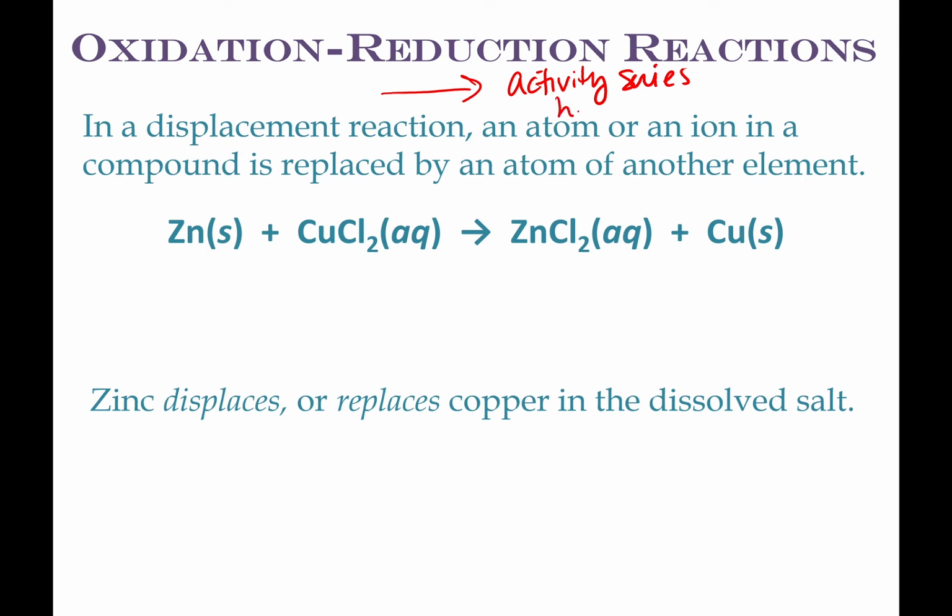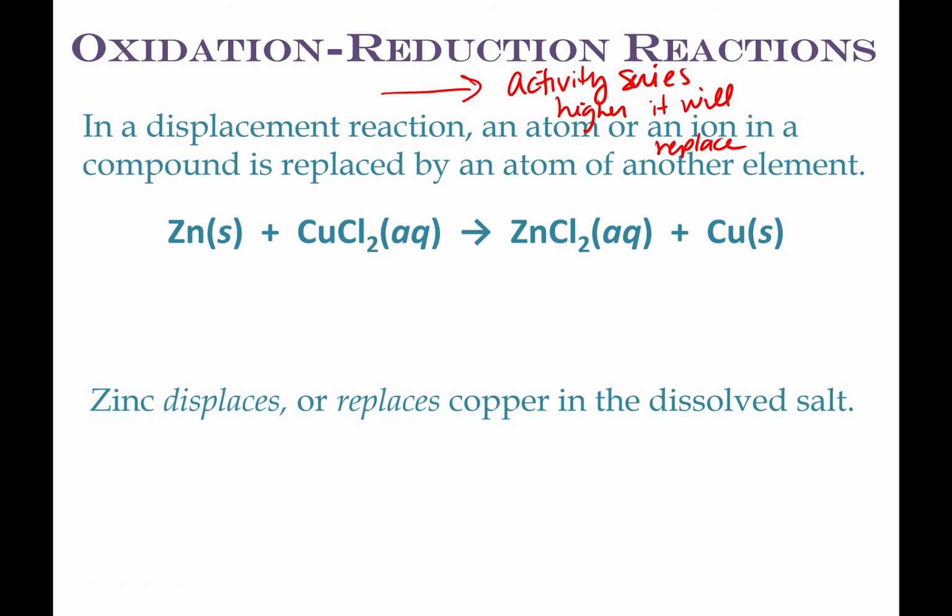If something is higher on the activity series, it will replace it. So if we want to know if zinc will replace copper in this reaction, which it will, the zinc would have to be higher on the activity series than copper, which it is. I don't have one to show you right now, but that's what you'll look for. So if you need that information, you'll be given that information. It's not something you'll have to memorize.